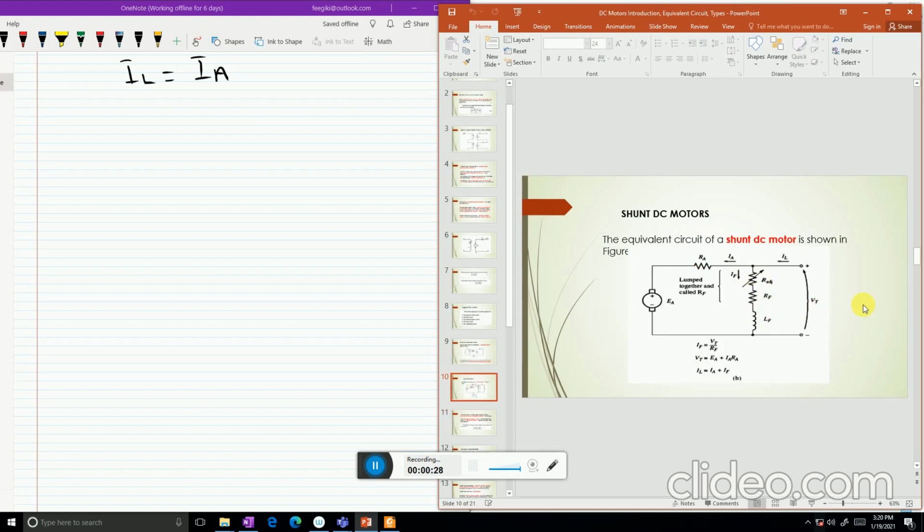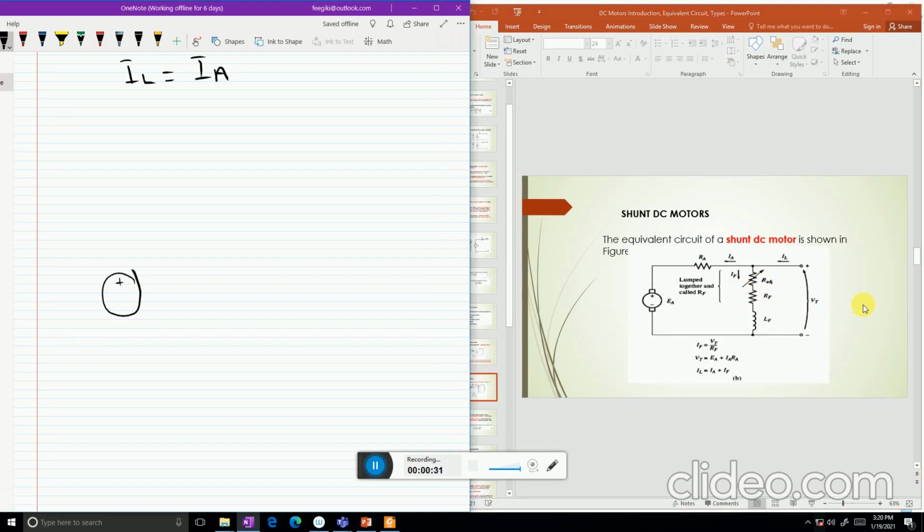If this is the armature voltage, there is no separate voltage or current supplied to the field circuit. This is RA.